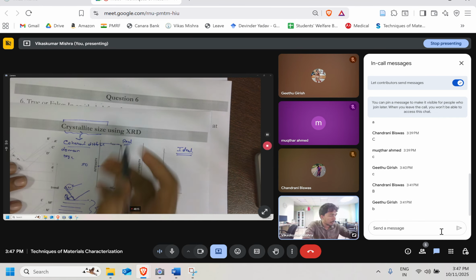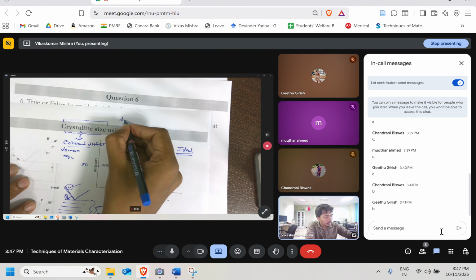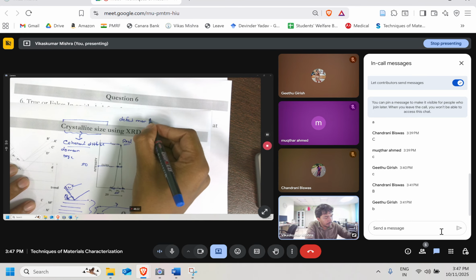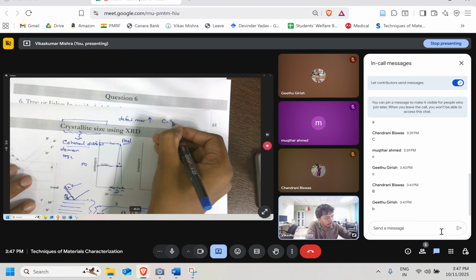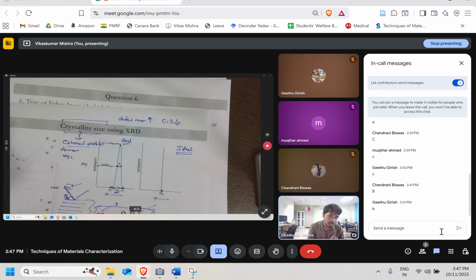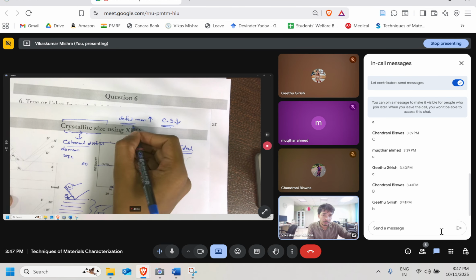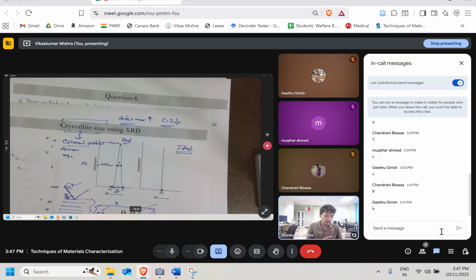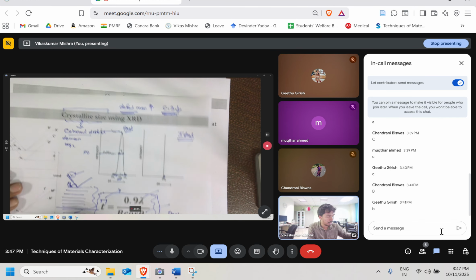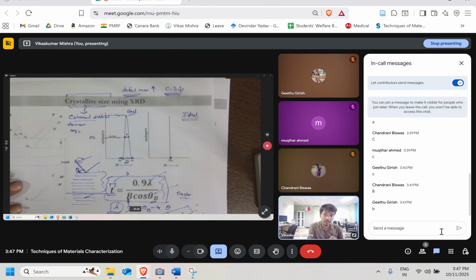Now let me tell you that if the defects increase, the crystallite size will decrease. The region diffracting coherently decreases as more and more dislocations and defects are introduced in the specimen. So this T term will keep on decreasing.